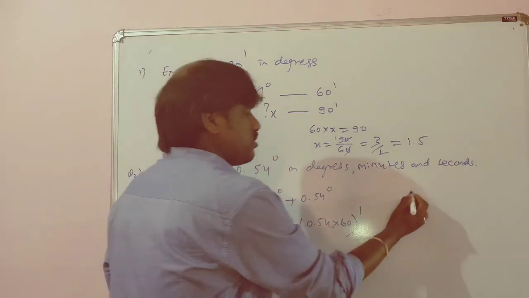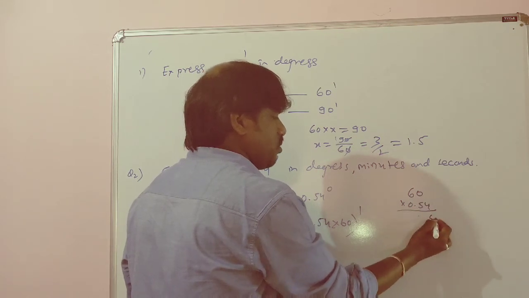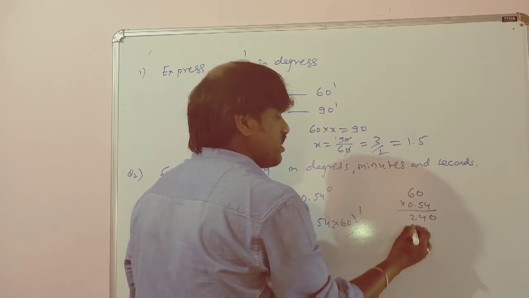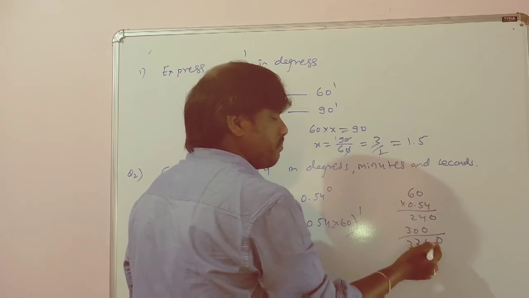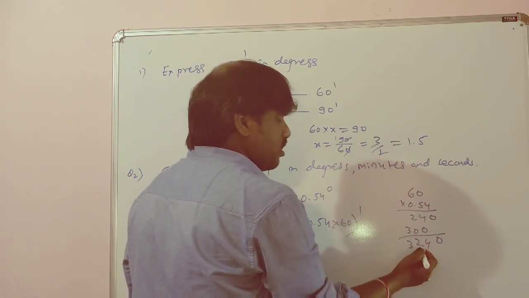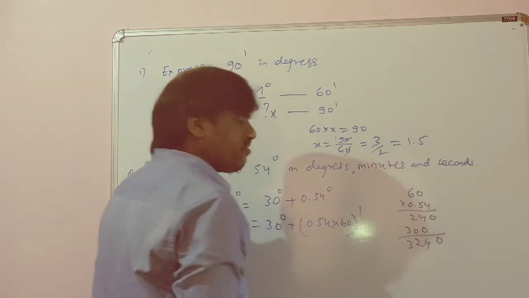So I multiply 60 into 0.54. 4 sixes are 24, 5 sixes are 30, and so on. What I am going to get is 3, 2, 4, and with 2 decimal points, 32.40.